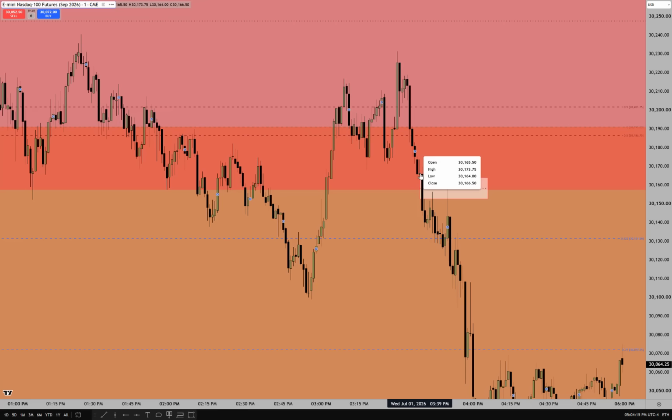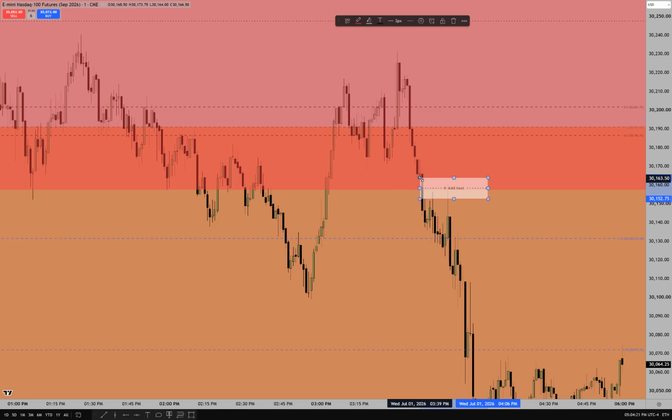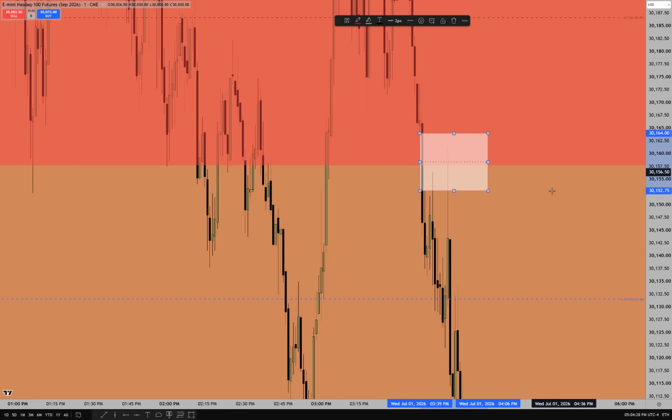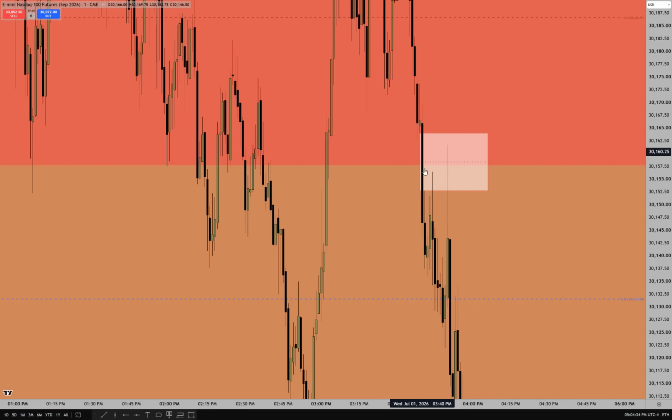The open 165.5. The open on this, so yes, there is a volume imbalance there. Let me make sure I don't trust my old eyes. No, I don't know what I'm talking about. So we're going to use the low on that wick down to the high of that wick. Okay, so there's your fair value gap.